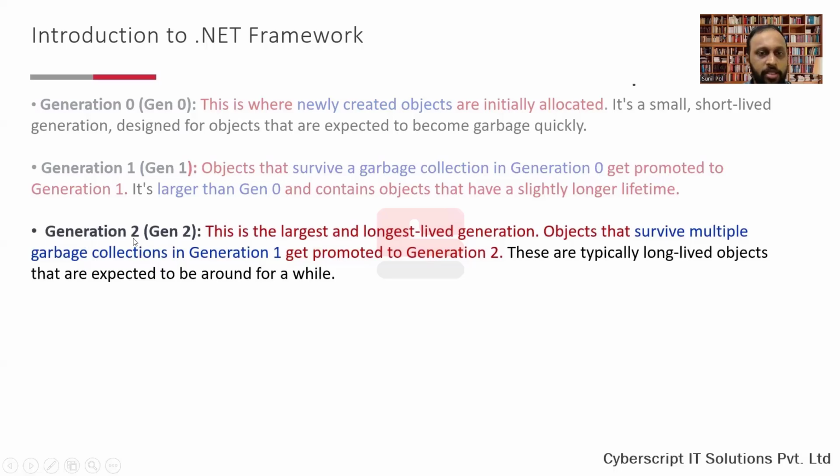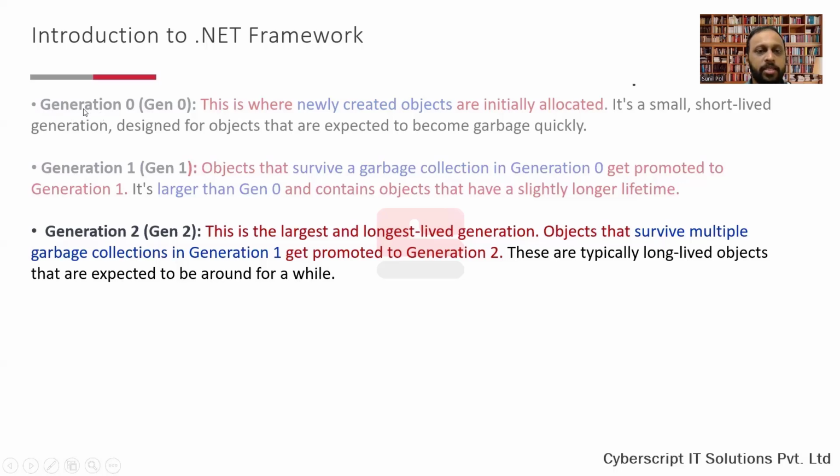The next one is generation 2. This is the largest and longest-lived generation. Objects that survive multiple garbage collections in generation 1 get promoted to generation 2. These are typically long-lived objects that are expected to be around for a while. What does it mean? The garbage collector visits these sections, generation 0, generation 1 and generation 2, at different frequencies.